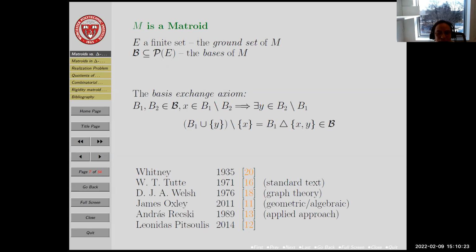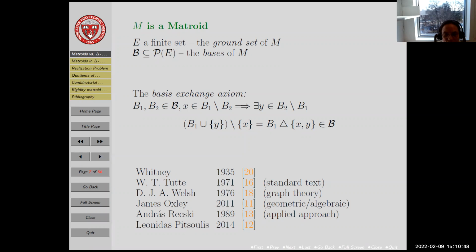And everybody thinks that Whitney must have been the referee, because he said, well, there is this 1935 paper that essentially contains all your results. But if you call these things matroids, like Whitney did, then you can publish, because it's quite a different approach. So that is an interesting thing, that Tutte really got matroid theory started.